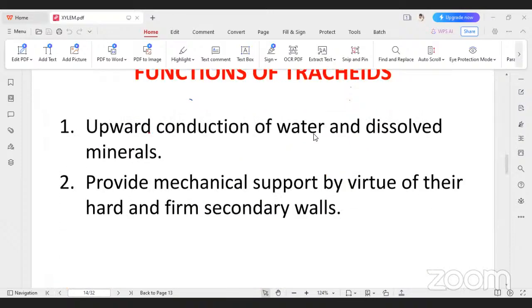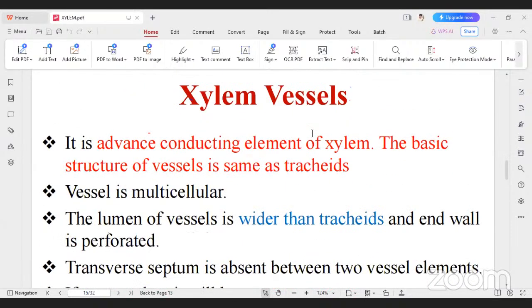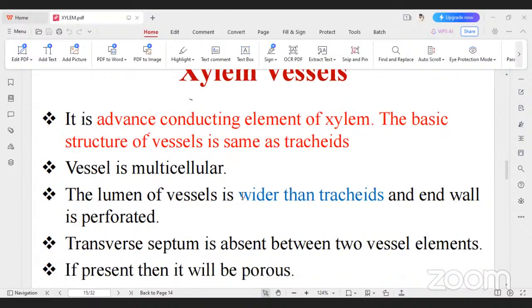The function of tracheids you must already know. Xylem vessels are advanced compared with tracheids. The basic structure of vessels is the same as tracheids. The vessels are multicellular, but tracheids are unicellular. Why are tracheids unicellular? Because tracheids have cross septa, which separate one tracheid from another.